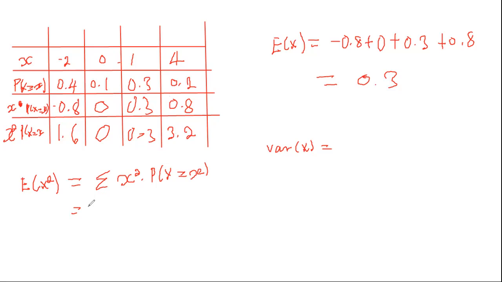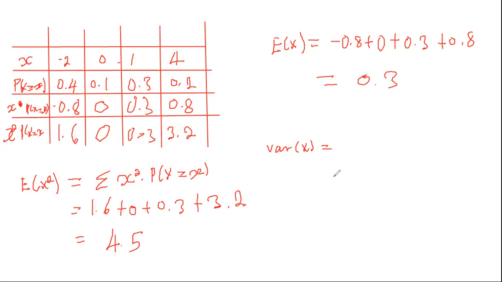So we add those: 1.6 plus 0 plus 0.3 plus 3.2 is 4.5.